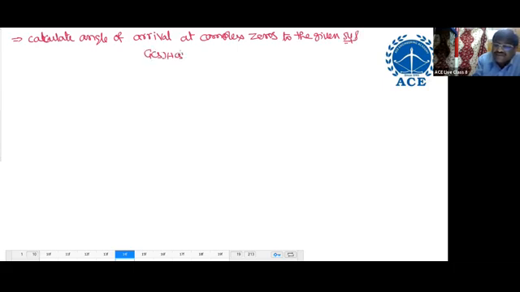G of s, H of s equal to K into (s squared plus 2s plus 2) divided by (s plus 2) into (s plus 4). Come on, do it.